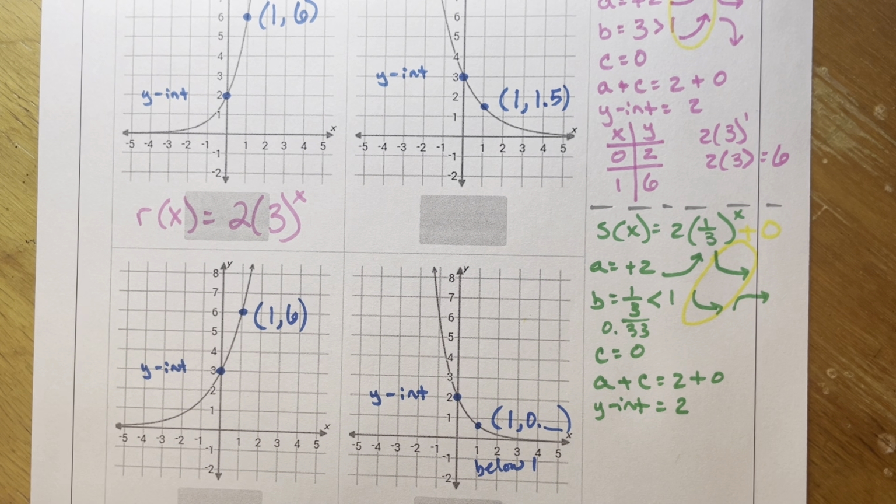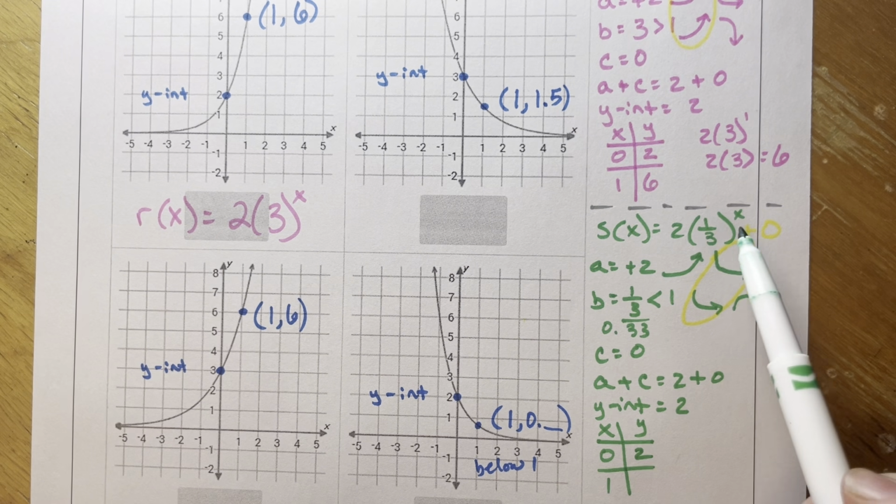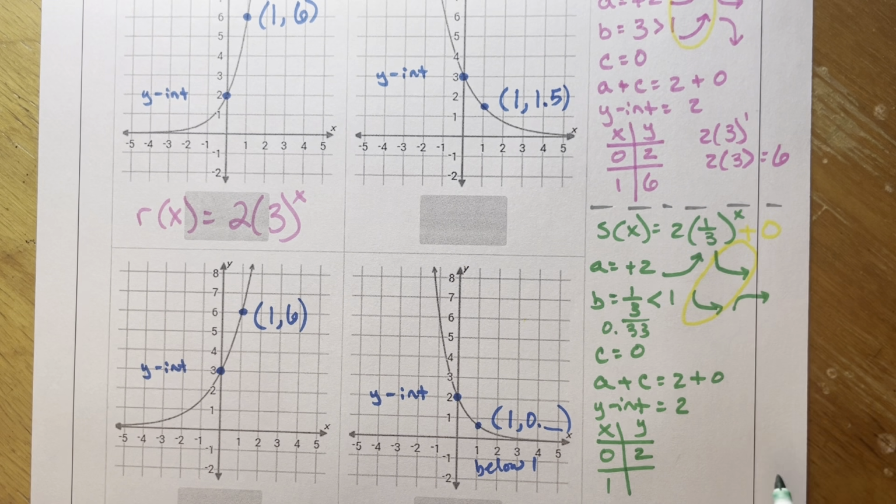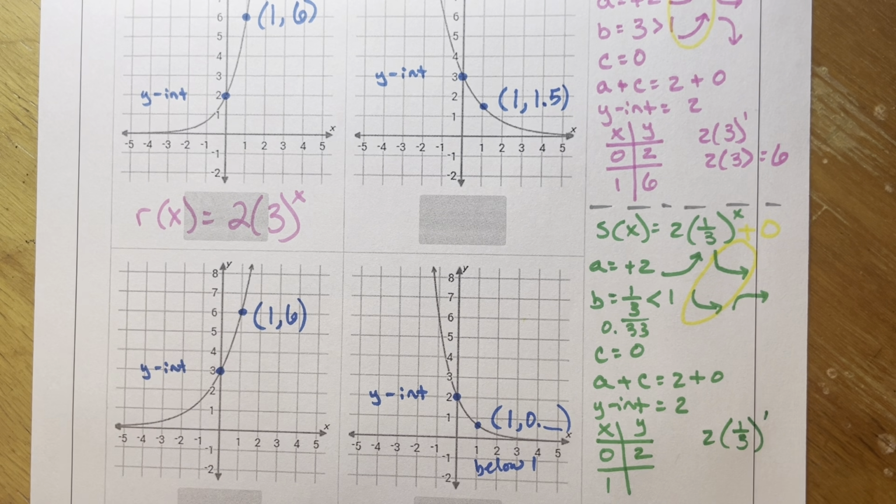This should be our match, and we're going to continue verifying that with our little t-table. So here's x and y, with x equaling 0 for the y-intercept, and then we'll check an x value of 1. The y-intercept is 2, which we have here. Let's plug in a 1 into our function. So 2 times 1/3 to the first power.